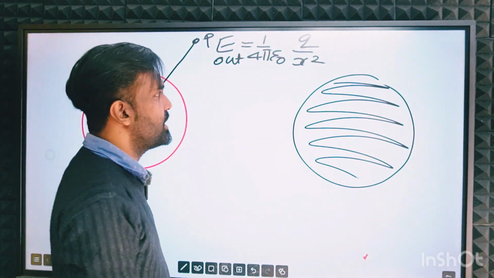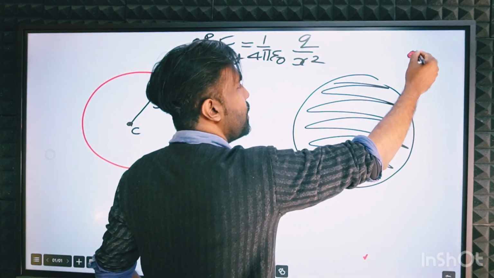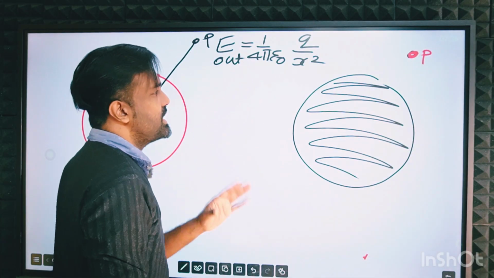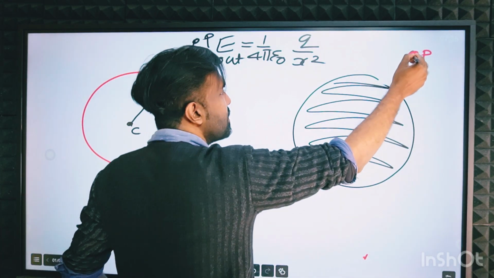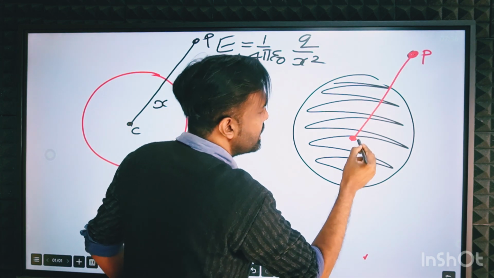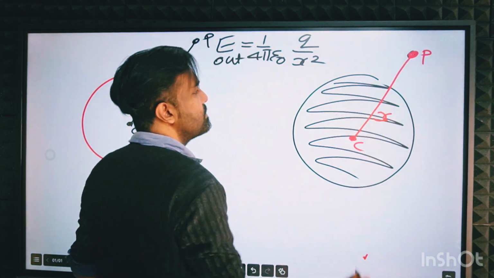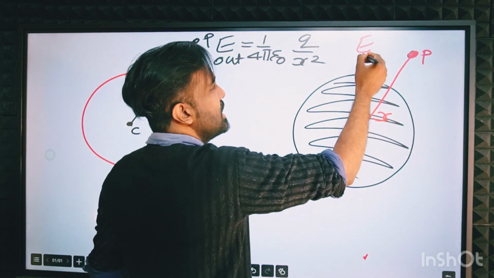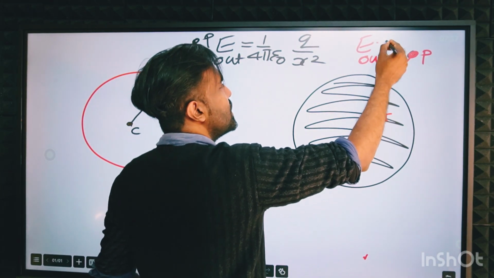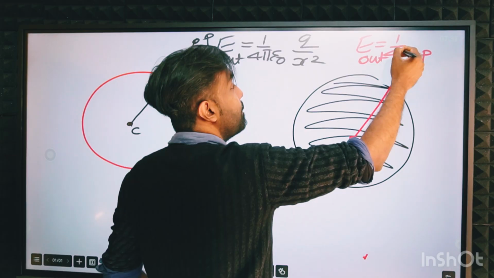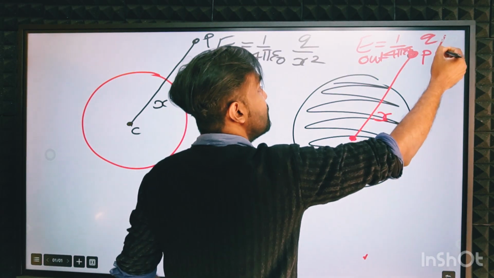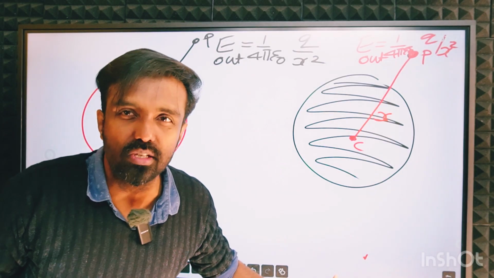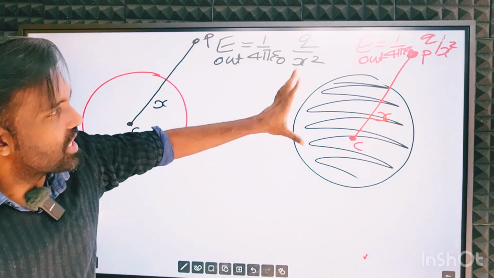The same thing happens here also. Please consider a point outside the charged solid sphere. P is the point that is completely outside the charged solid sphere, at a distance of x from the center. Since it comes outside, I write E out equal to 1 by 4 pi epsilon 0 charge divided by x square.